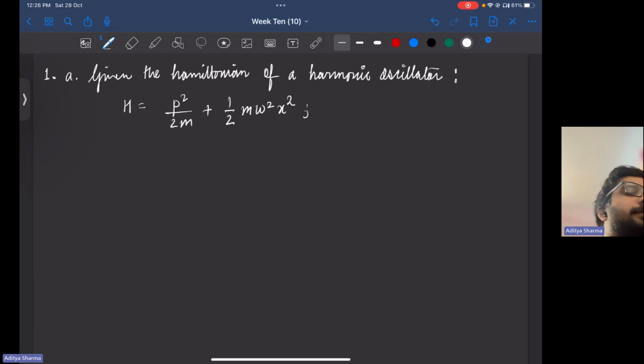The first question is to write H in second quantized notation.